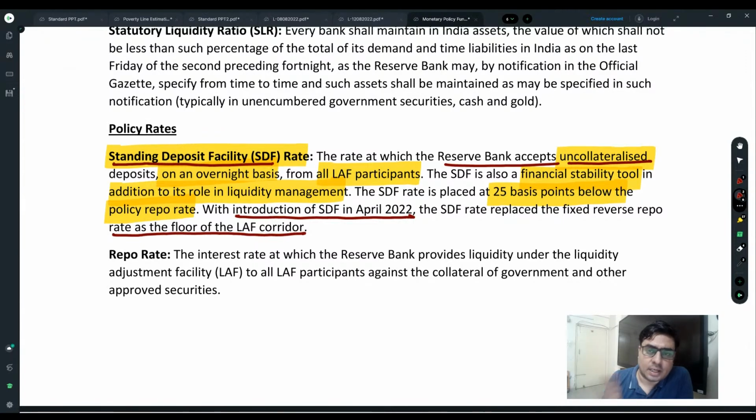Government securities. In other words, in order to maintain their SLR, they need government securities. That's why they have to give this money to whom? RBI, in order to get the government securities.